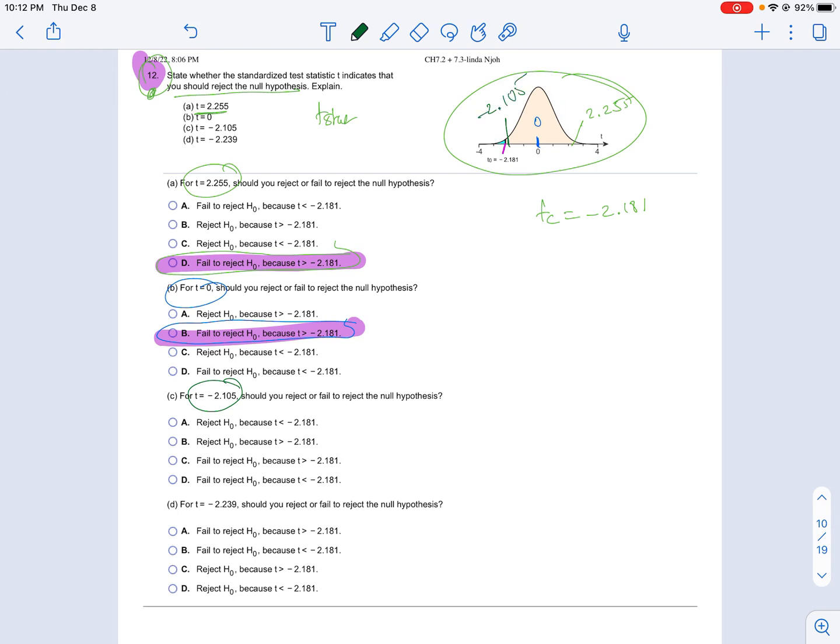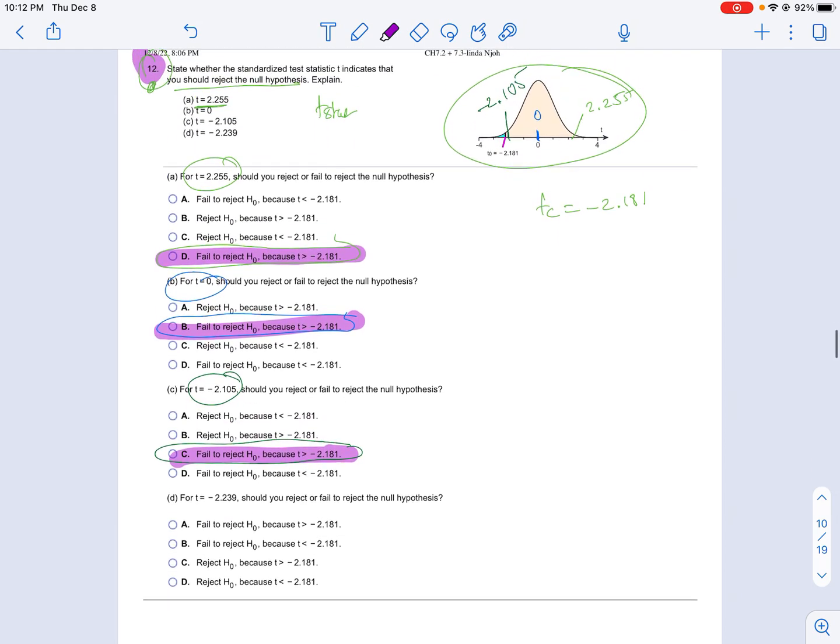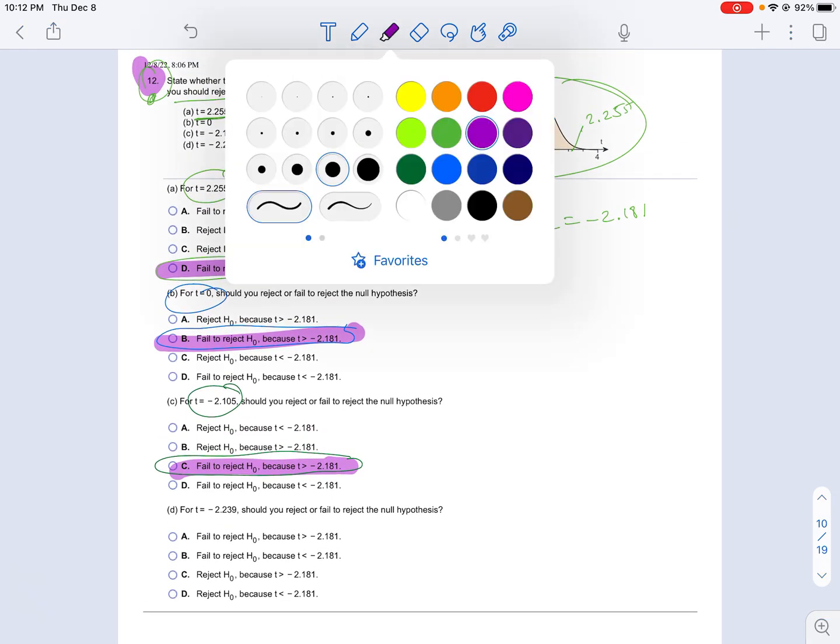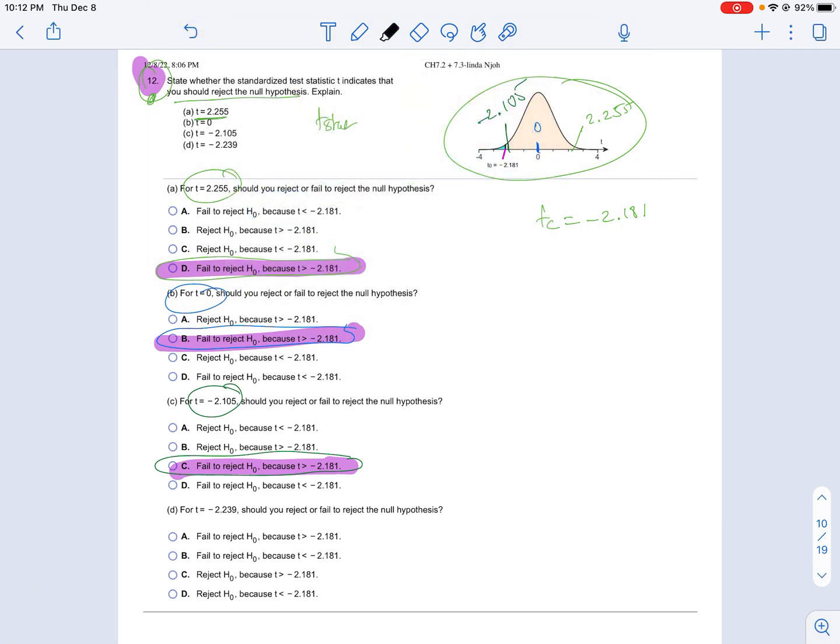It's still not in the rejection region. It's still greater. All right. And finally, t is negative 2.239. So somewhere there.